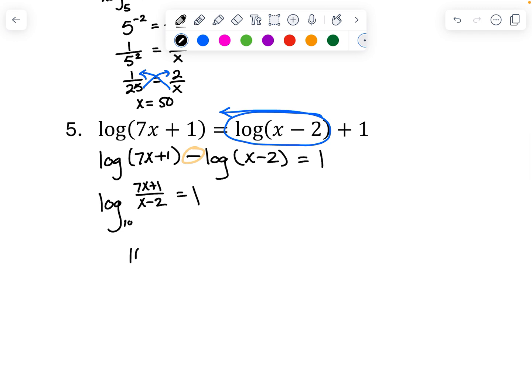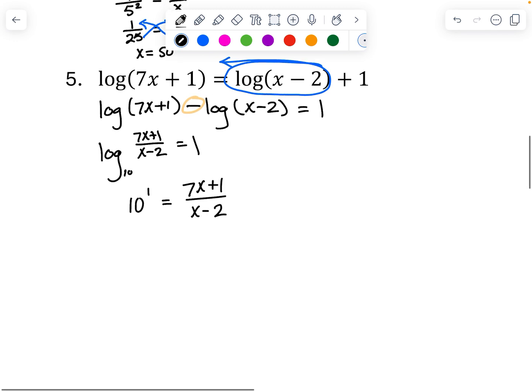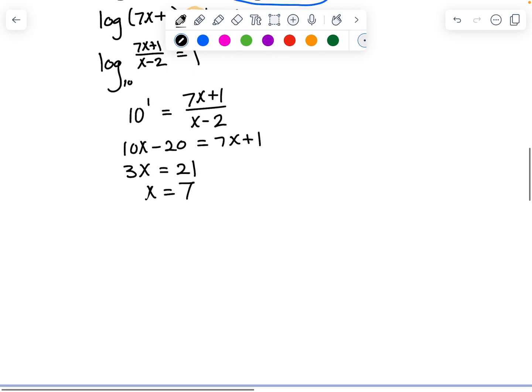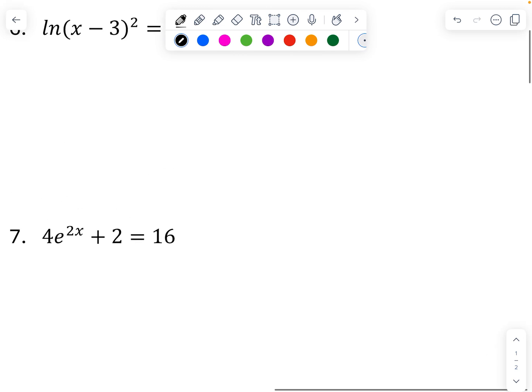So this is really 10 to the first power is equal to 7x plus 1 divided by x minus 2. I multiply both sides by x minus 2. That's going to give me 10x minus 20 equals 7x plus 1. Now I have an algebra 1 problem. So 3x equals 21. So x equals 7. Yay! That wasn't bad.